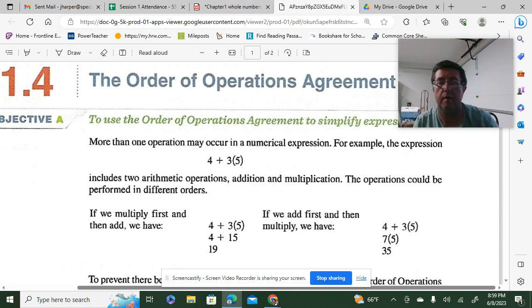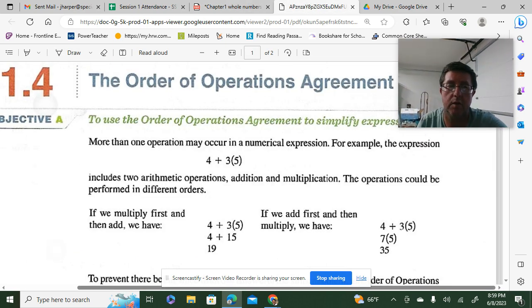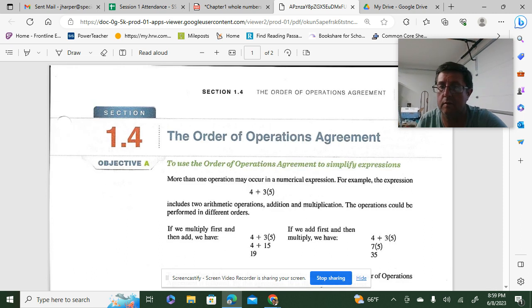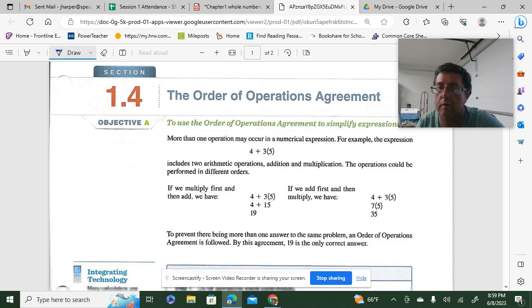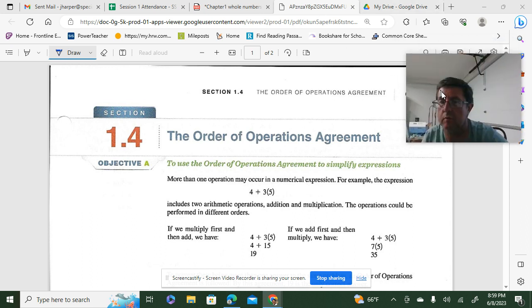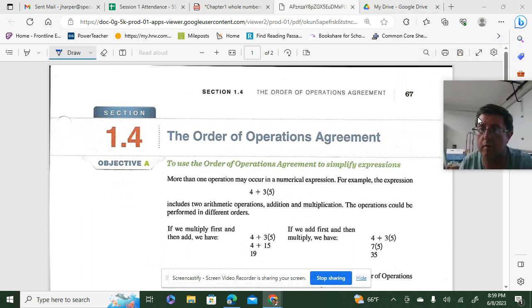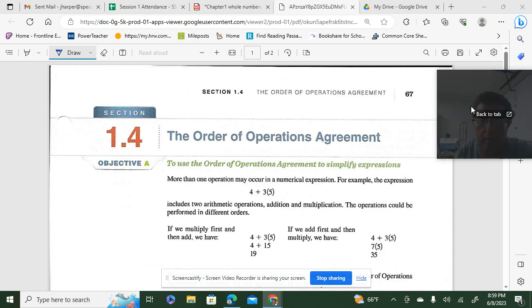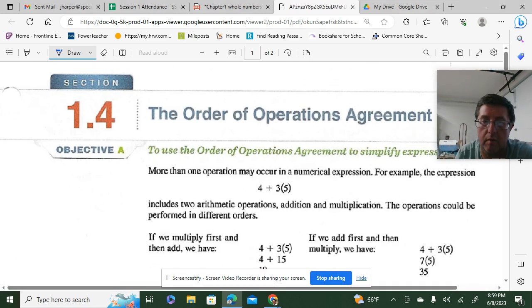So here is page 67. I put it here on another one. Let's move this a little bit. And so page 67. Okay.